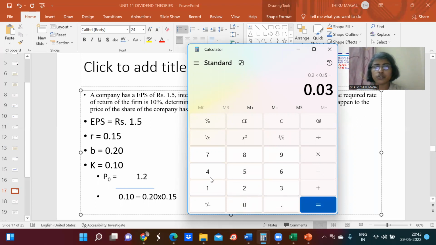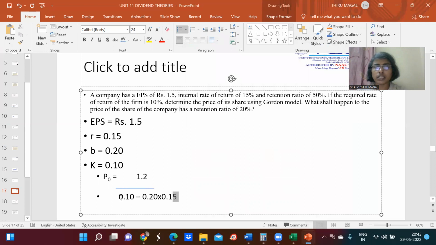The value comes around 0.03. So now 0.10 minus 0.03. So we will subtract these two. The value comes around 0.10 minus 0.03. The value is 0.07. The denominator value is 0.07.